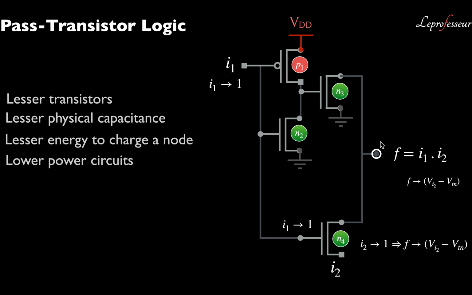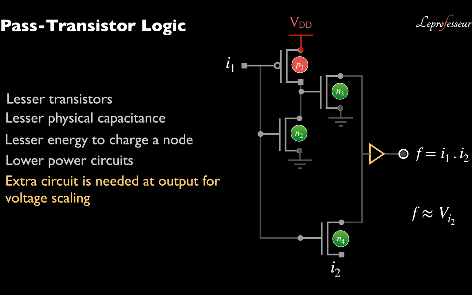So we may need an extra circuit at the output to bump the voltage level to logic high when I1 is 1. In other words, you can use a level shifter, or you can use a buffer or inverter. Good.